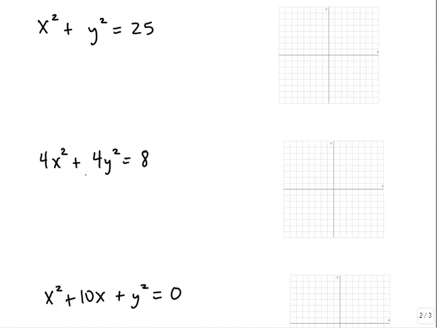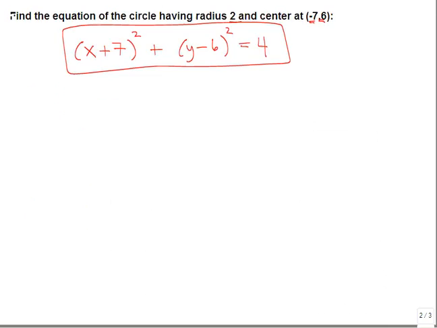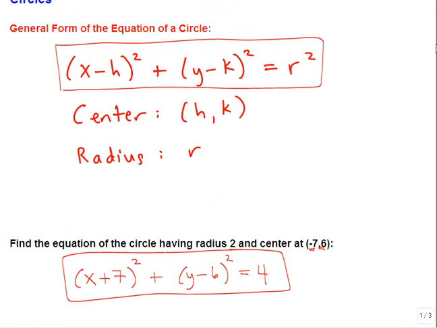So what we want to do on this first equation is graph it. So we want to graph this circle, and in order to do that you need to identify the center and the radius. So in this problem, it might look a little bit strange at first, but if you remember our general form for a circle up here, what we're looking for the center is x minus some number quantity squared plus y minus some number quantity squared.